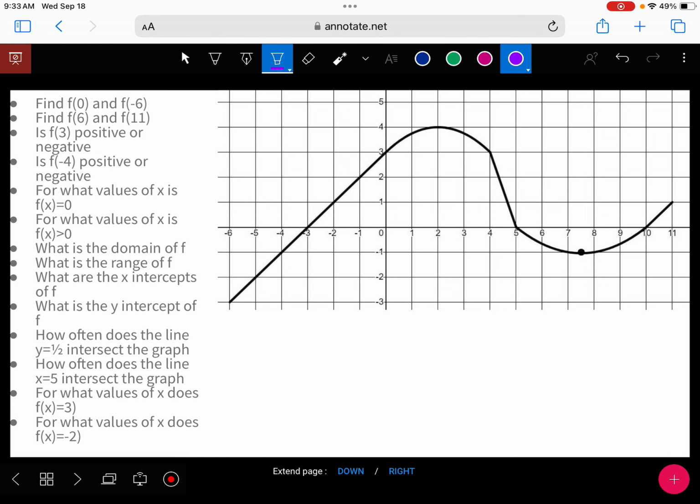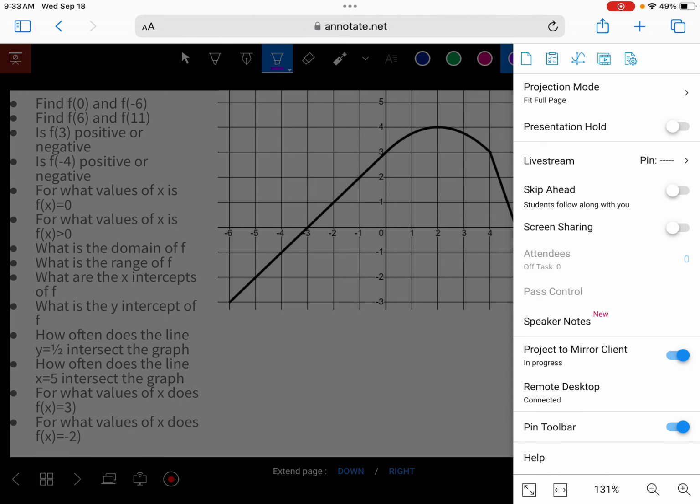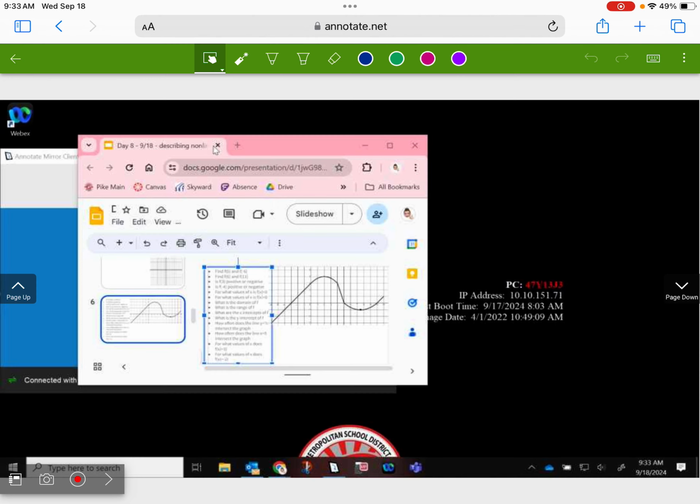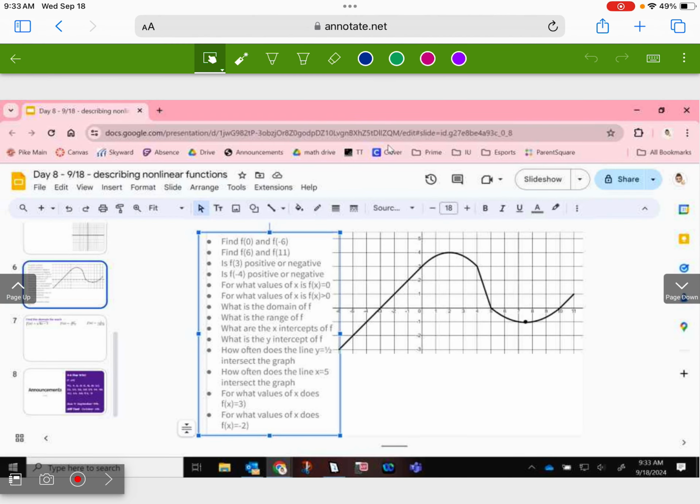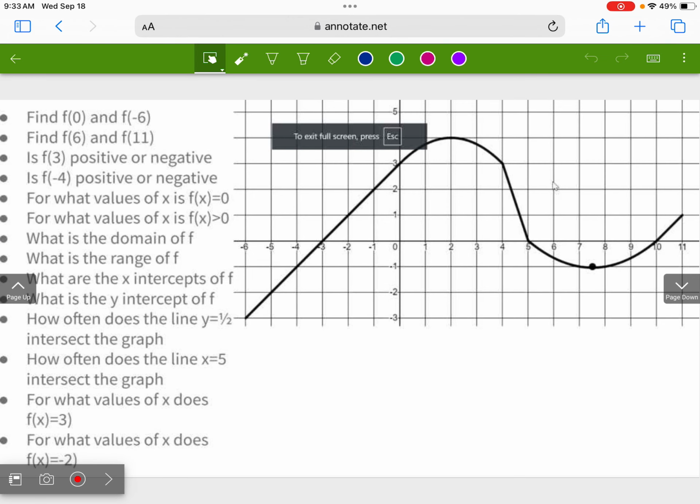I'm going to switch the screen for just a second so that these all wind up being significantly closer to a single line. There we go. Okay. Less gross. I know still a bunch of questions, but less gross written like this, because they're not 2 lines anymore. So we're just going to write things out. So our first thing is to find f of 0 and f of negative 6.